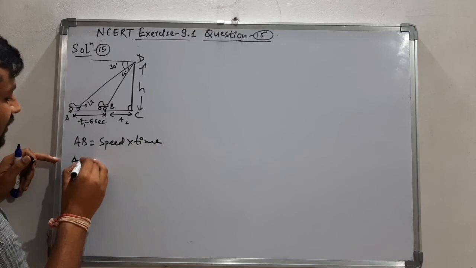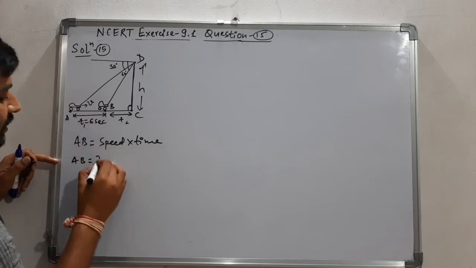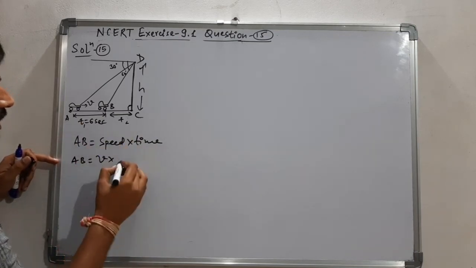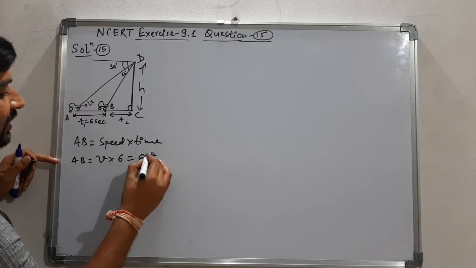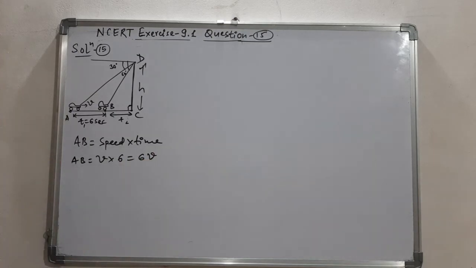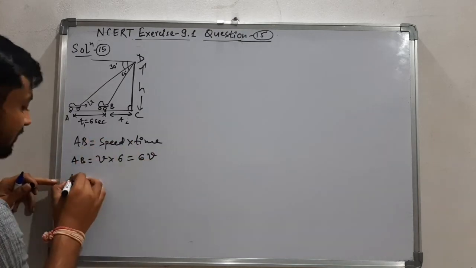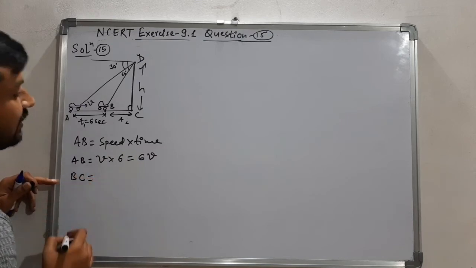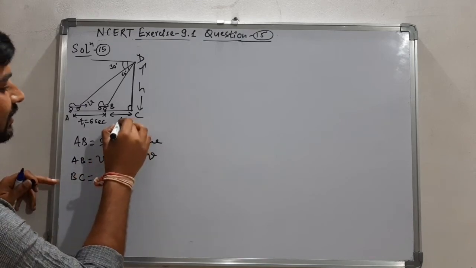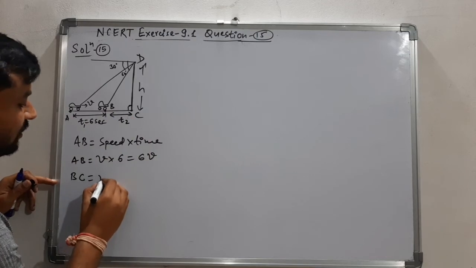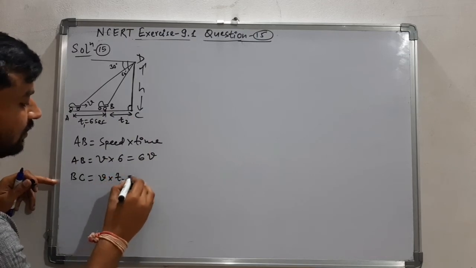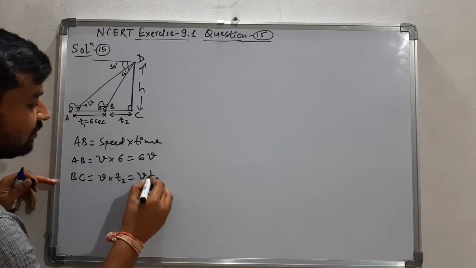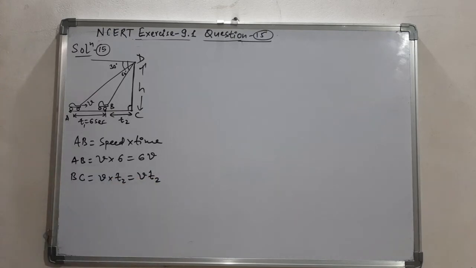So AB is speed v, which is constant, into time 6 seconds, so we can take it as 6v meters. Similarly, the distance BC, with time t2, will be v into t2. So the distance here is vt2.